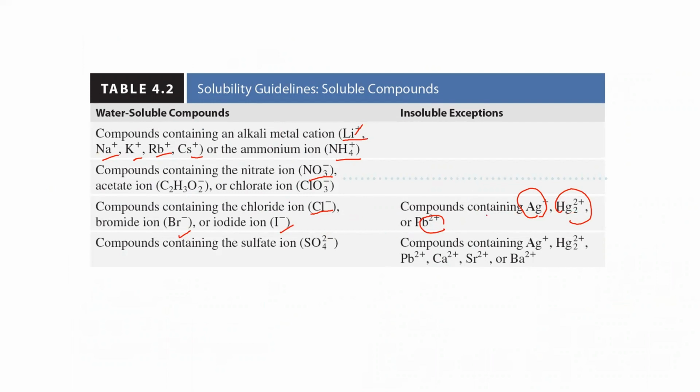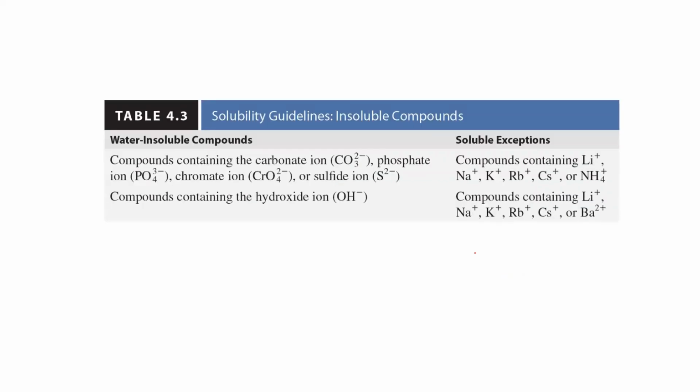If you have one of these 3, then it's not soluble. If you have the sulfate ion, anything with sulfate is soluble except when it is with silver, mercury 1, lead 2, calcium, strontium, and barium. We also use the fact that anything with carbonate is not soluble, and anything with chromate is not soluble, except when you have a lithium, sodium, potassium, rubidium, cesium, or ammonium ion. So we use this table to solve problem number 5.